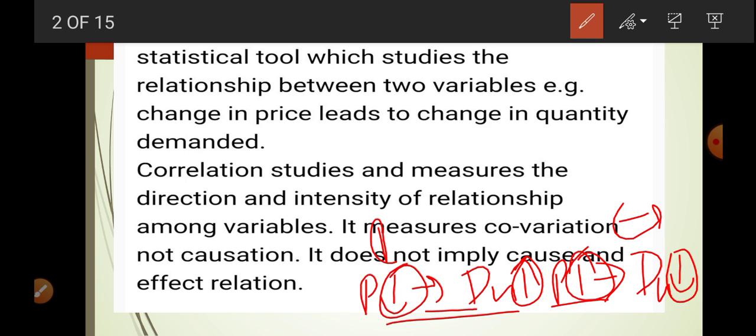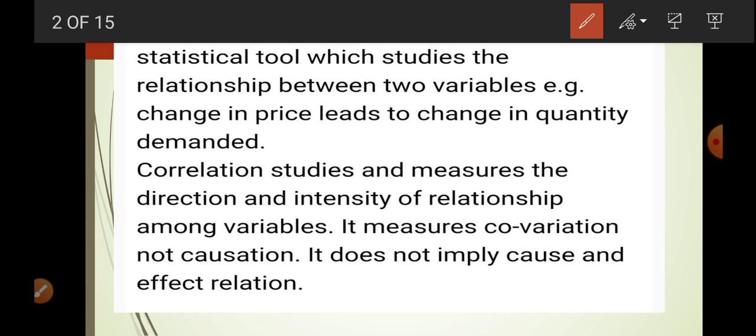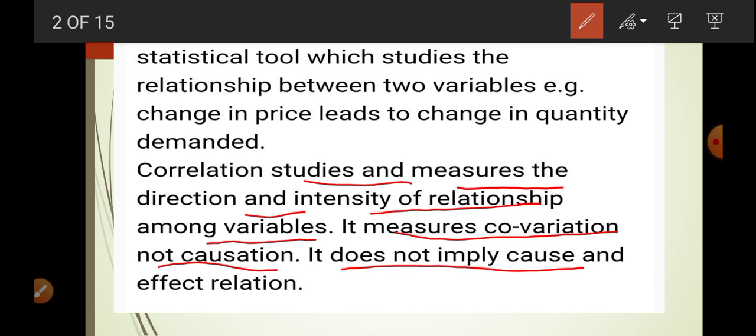Like here one variable is price and the second variable is demand. What do we find? We find there is a negative relation. Correlation studies and measures the direction and intensity of relation among the variables. It measures covariance, not causation. It does not imply a cause and effect relation.